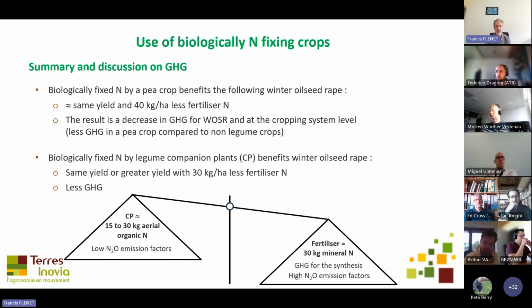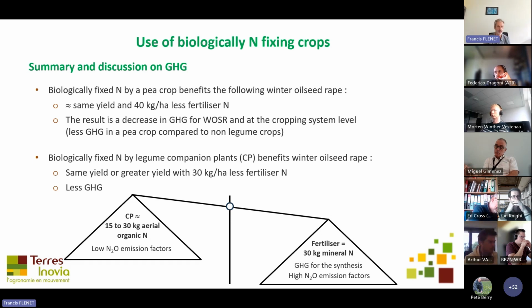We observed the same yield or greater yield with 30 kilo less nitrogen, and there were fewer greenhouse gas emissions for 3 reasons. Firstly, in the companion plants, there were between 15 and 30 kilo of aerial organic nitrogen, which was less than the 30 kilo mineral nitrogen that was applied compared to the intercropped winter oilseed rape.